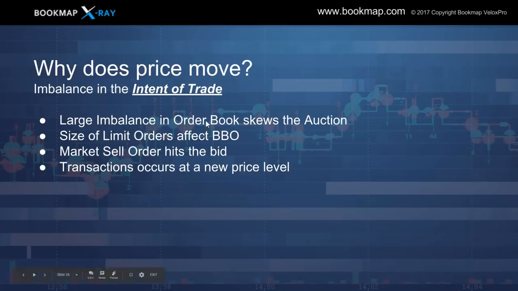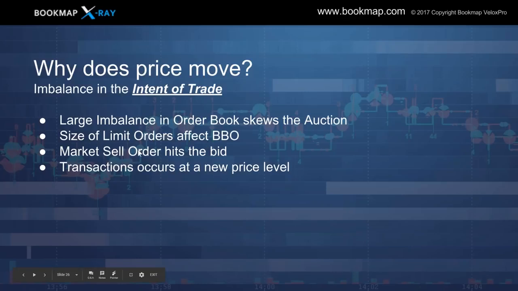Now let's get into the next topic: why does price move? The imbalance in the intent of trade. What we're going to talk about here is large imbalances in the order book that skew the auction. The size of these limit orders is going to affect the best bid and offer.